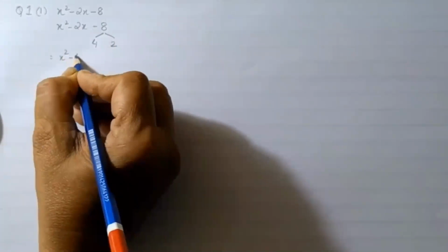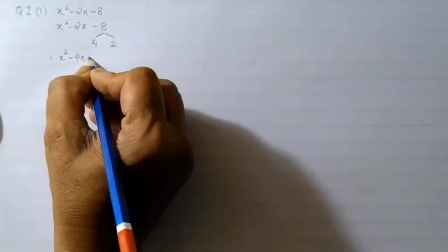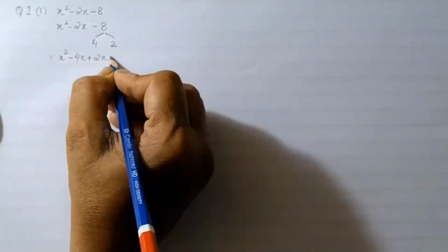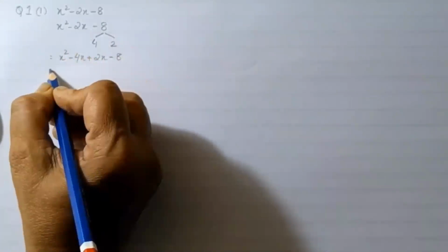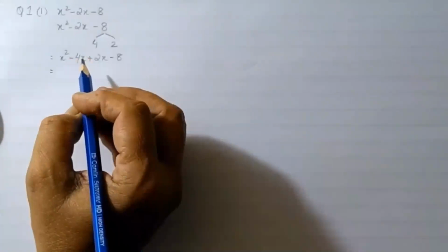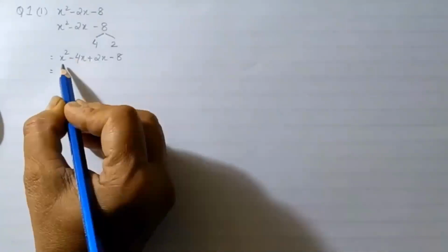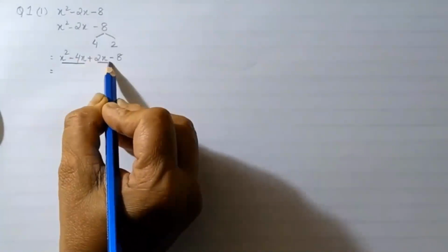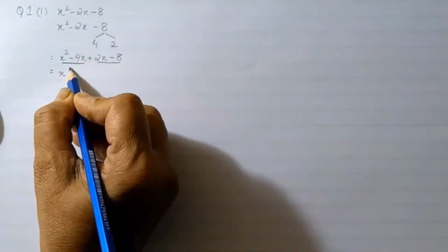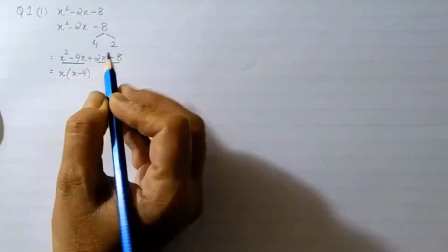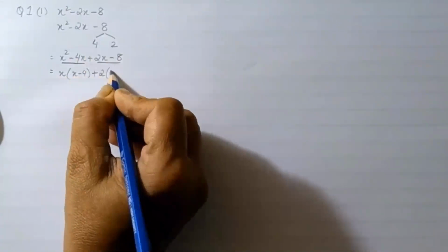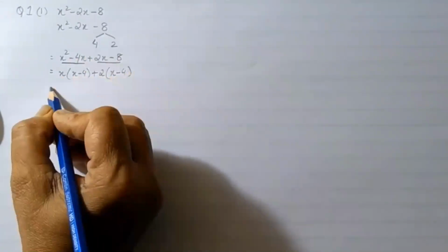So we split the middle term, we get x squared minus 4x plus 2x minus 8. We group them, take x common, x minus 4, plus 2 common, x minus 4.